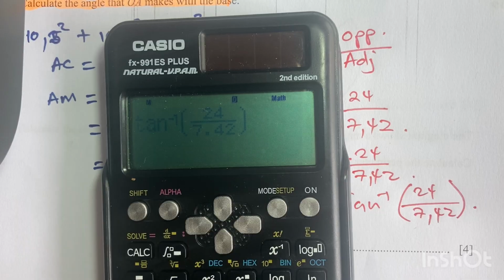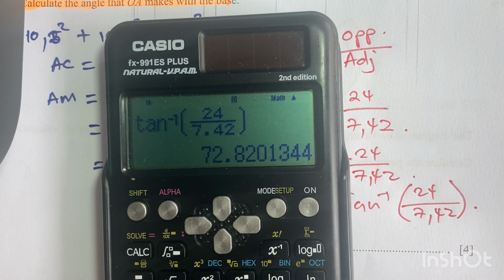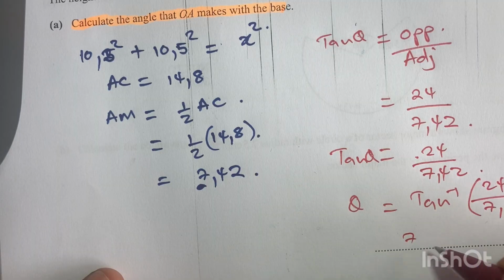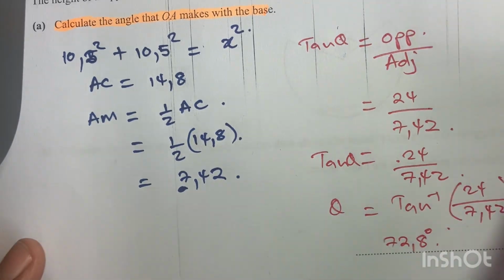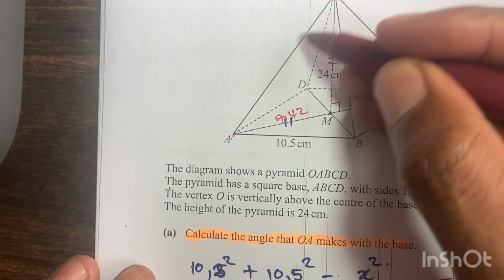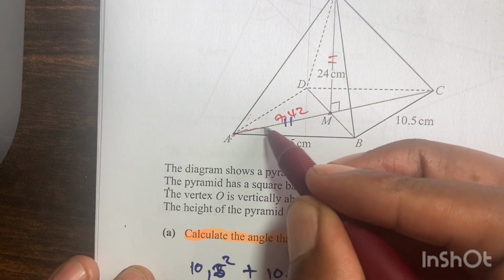So that gives me 72,8 degrees. That is the value of the angle between OA and the base.